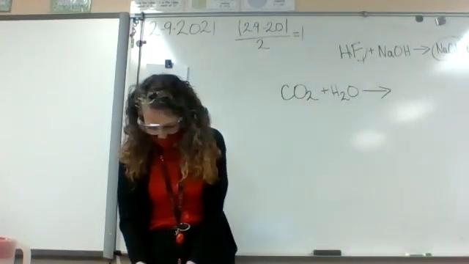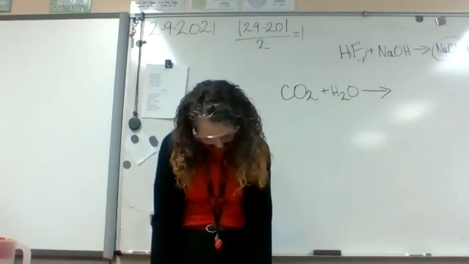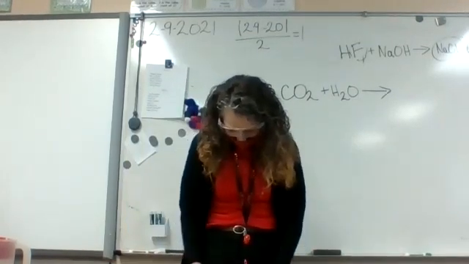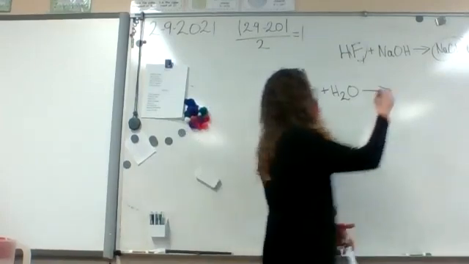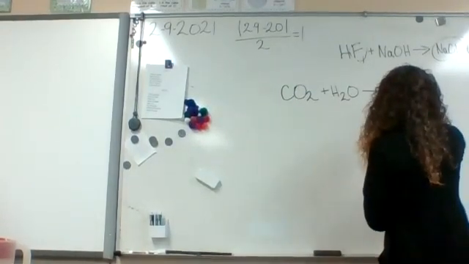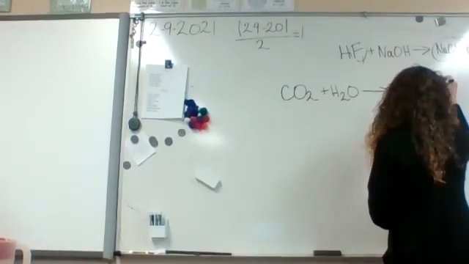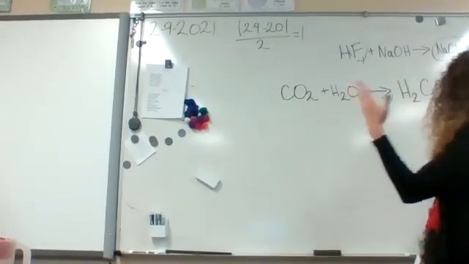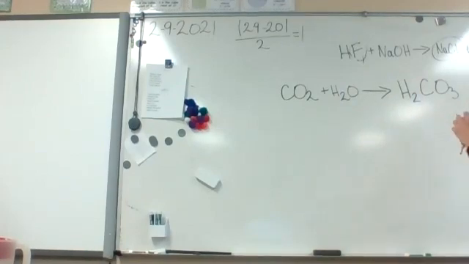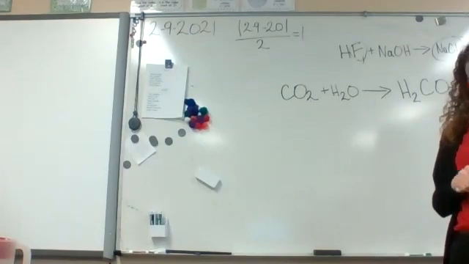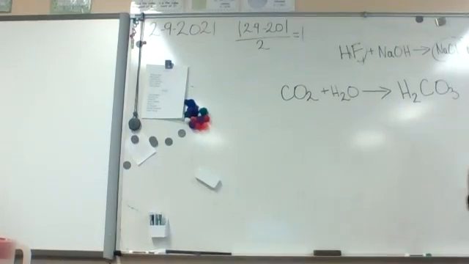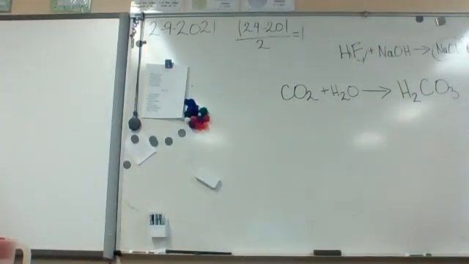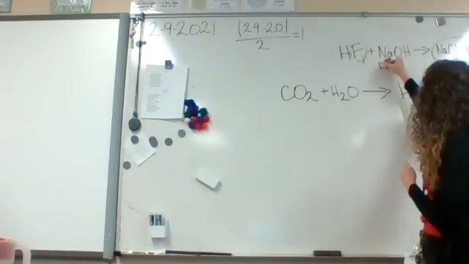Oh, I can't remember the formula all of a sudden. Haven't we done this before? H2CO3. Oh, I don't even have to do any balancing. Look at that. It already comes pre-balanced. What in blue blazes is H2CO3? Hydrochloric acid? Nope, hydrochloric acid is HCl.